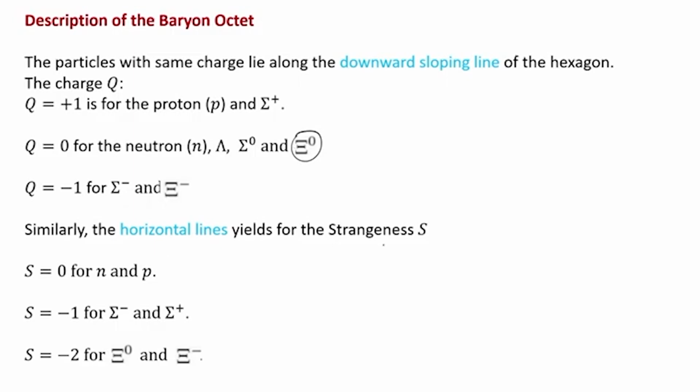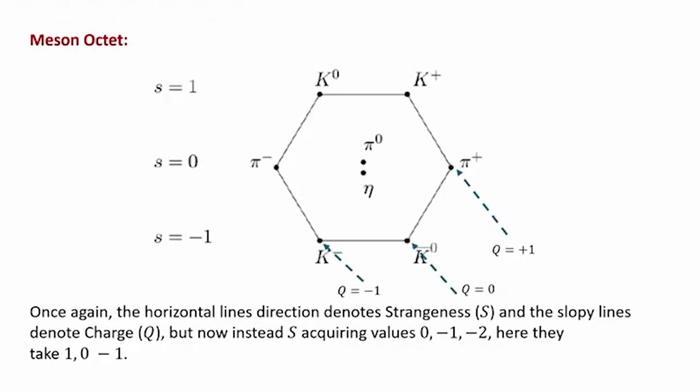And similarly, the horizontal lines yield the strangeness, which is equal to 0 for n and p, and is sigma minus and sigma plus for s equal to -1 and s equal to -2 for these particles. So, this is how the baryon octet is formed, and all these lightest baryons are put along a honeycomb or hexagonal structure, and that is what is done.